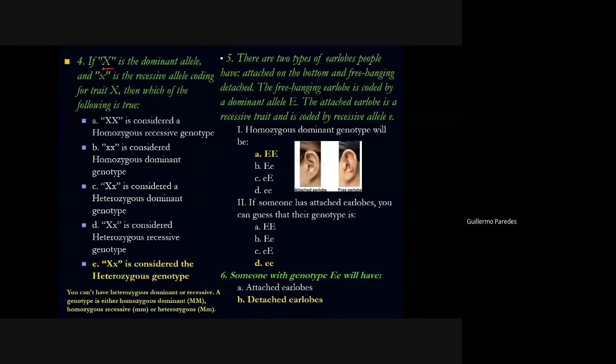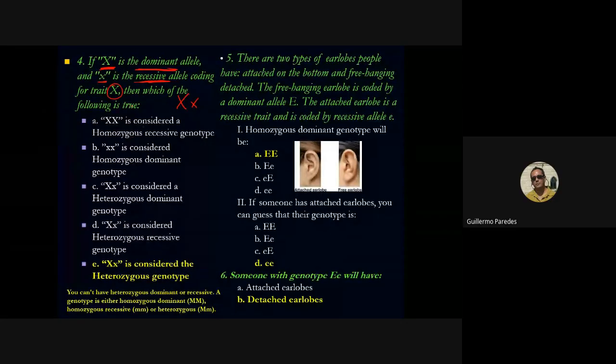If capital X is the dominant allele and lowercase x is the recessive allele, coding for trait X, for example color of the hair, then which of the following is true? If they combine, they're combined as X and lowercase x, correct? Yes or no? Yes.